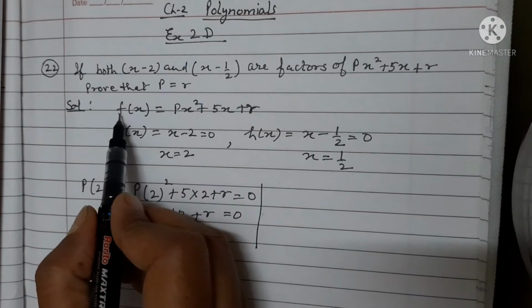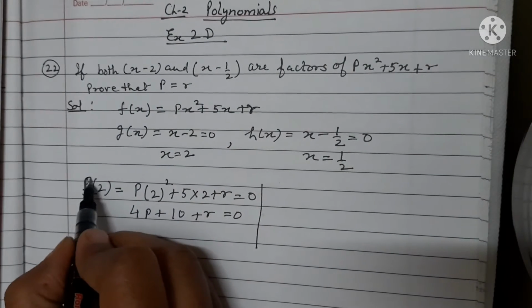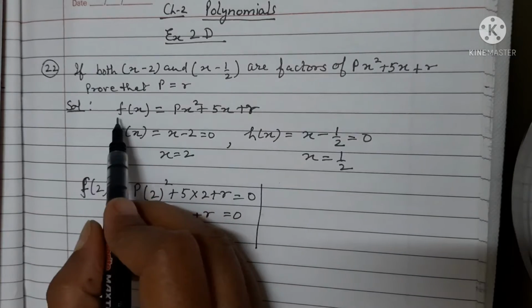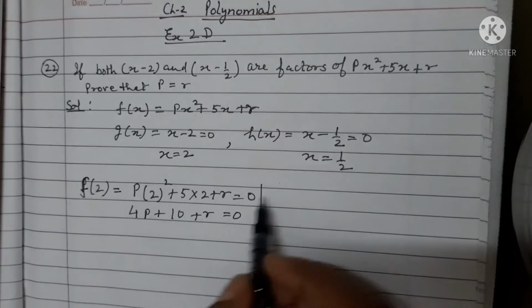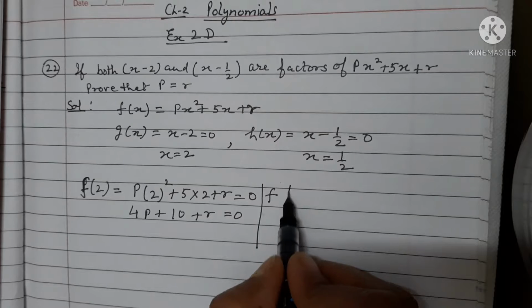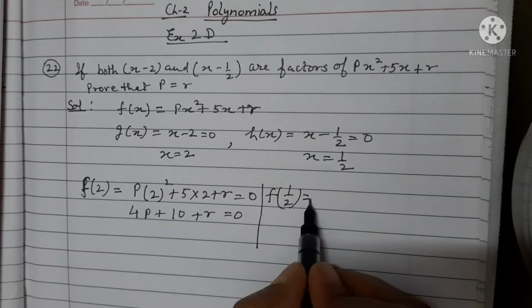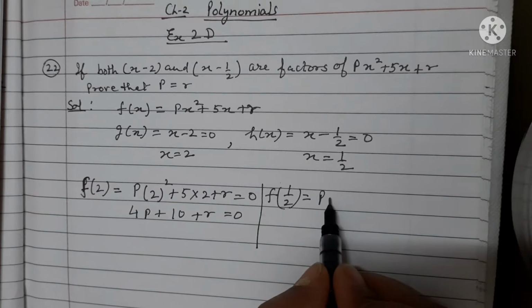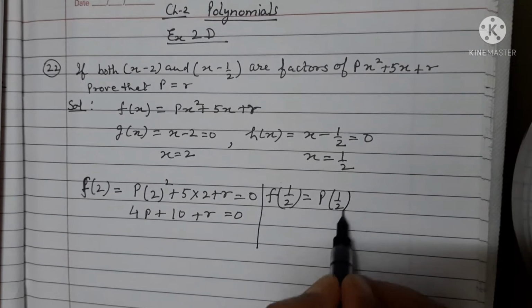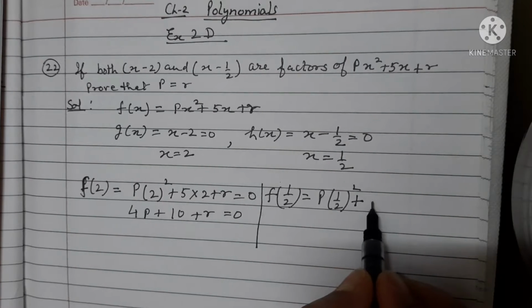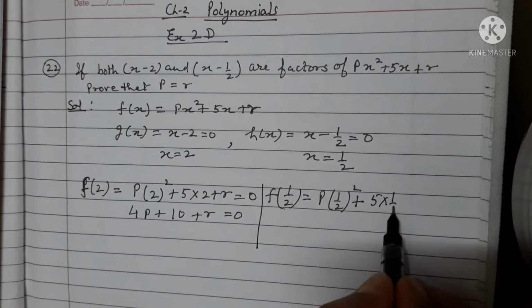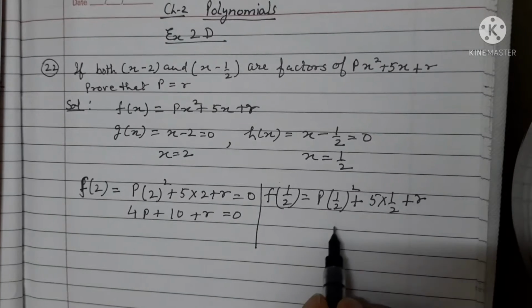And for the second value, we write f(1 by 2), because we are taking our polynomial as f(x). Now f(1 by 2) is equal to p into 1 by 2 square plus 5 into 1 by 2 plus r.